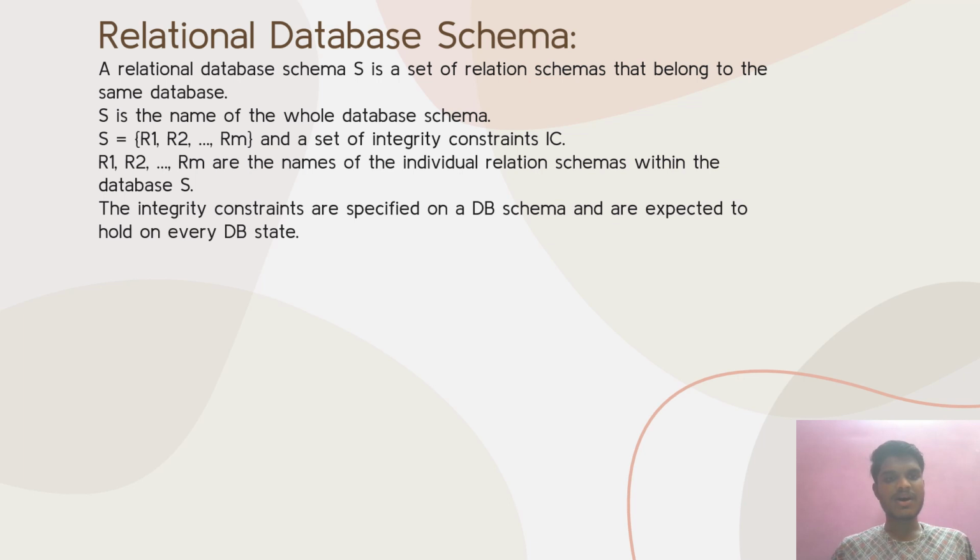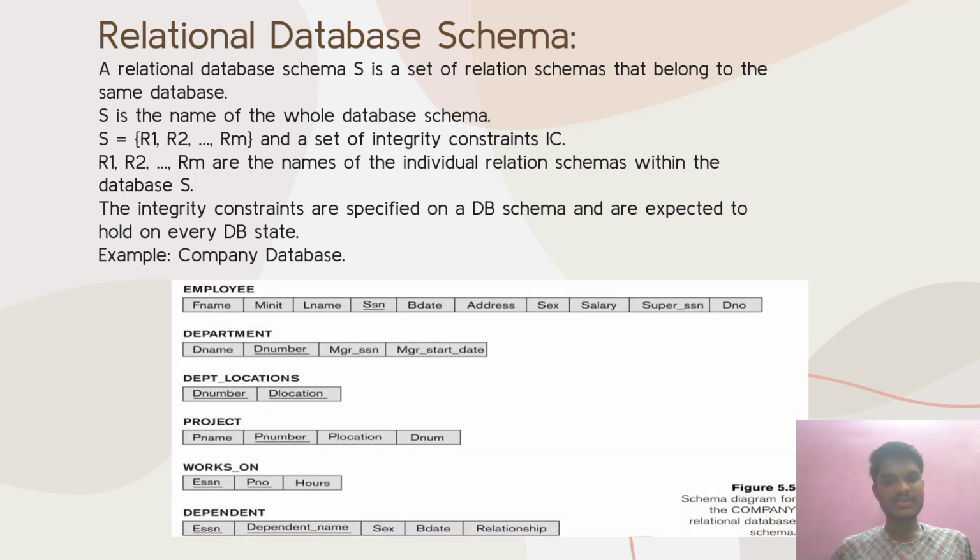S equals R1, R2 and so on up to Rn, and a set of integrity constraints, where R1, R2 up to Rn are the names of the individual relation schemas within the database S. The integrity constraints are specified on a database schema and are expected to hold on every database state. Example, company database, you can see here. It has employee table, department, department locations, project, works on, and dependent.